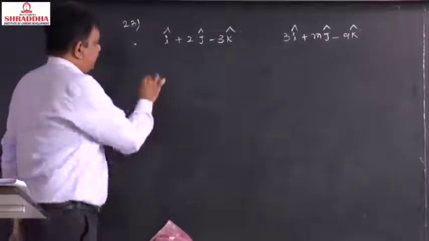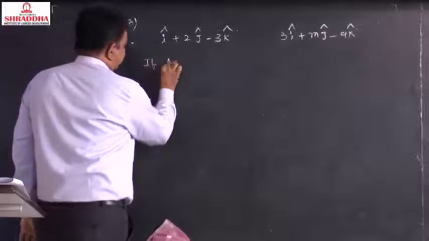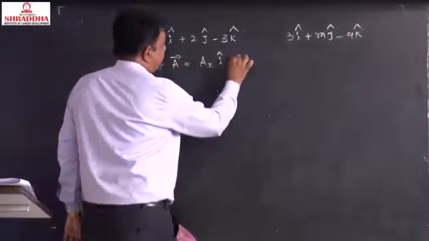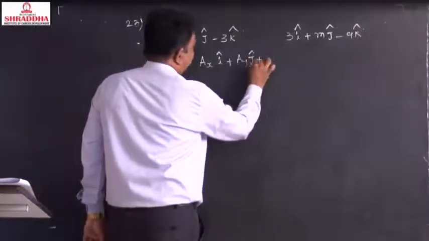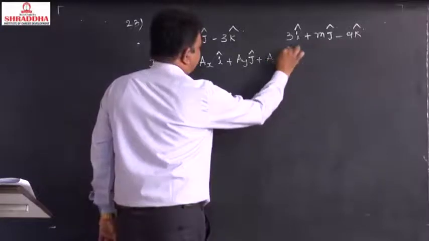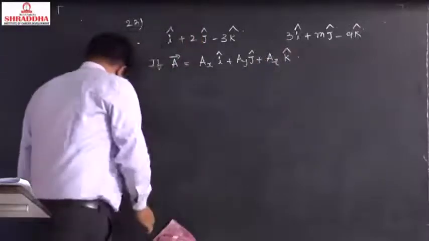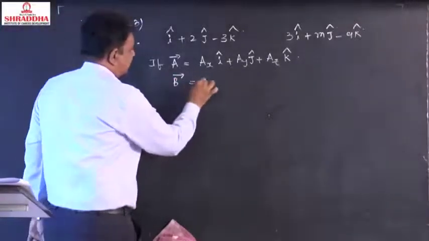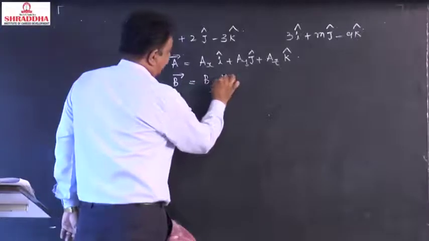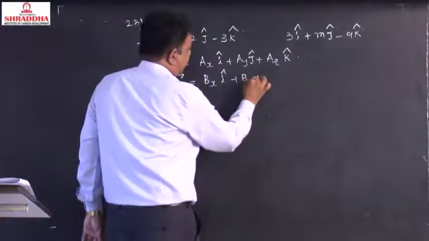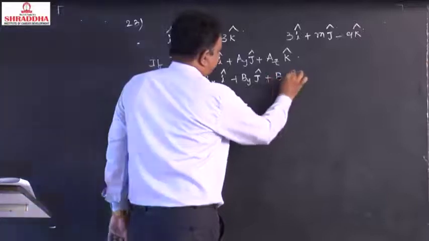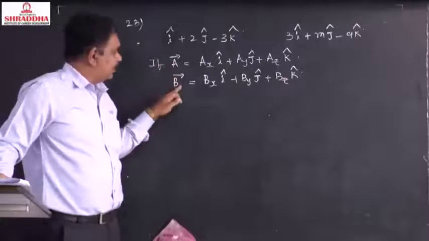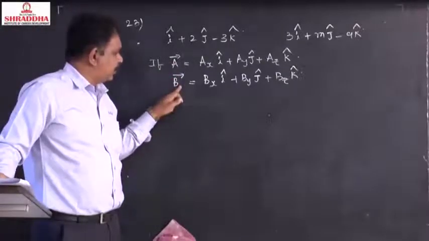Okay, see. If a bar is equal to ax i cap plus ay j cap plus az k cap and b bar is equal to bx i cap plus by j cap plus bz k cap, a bar and b bar are the two vectors.